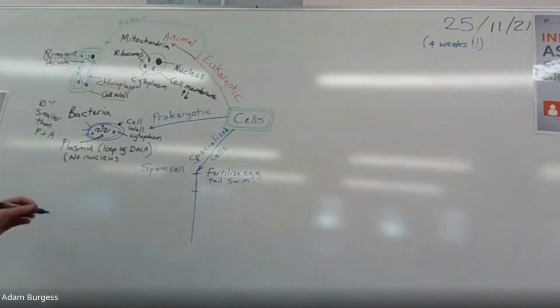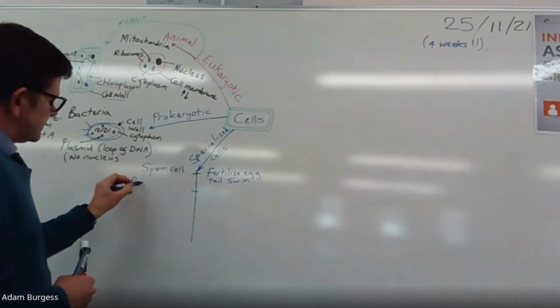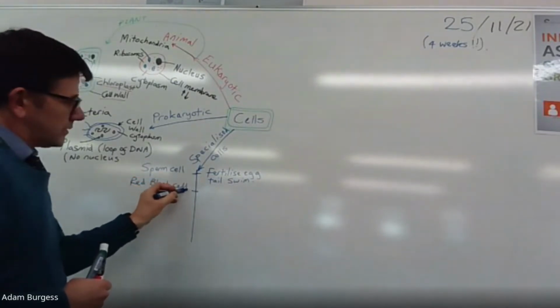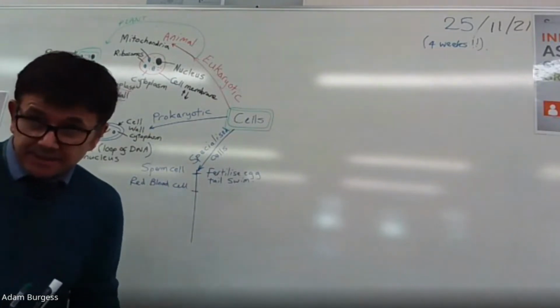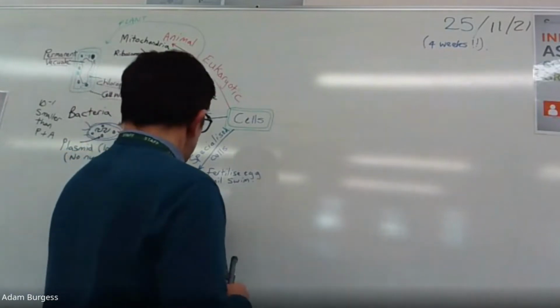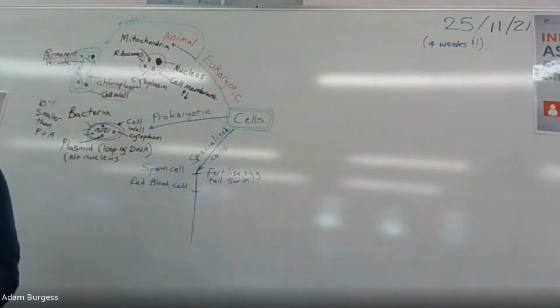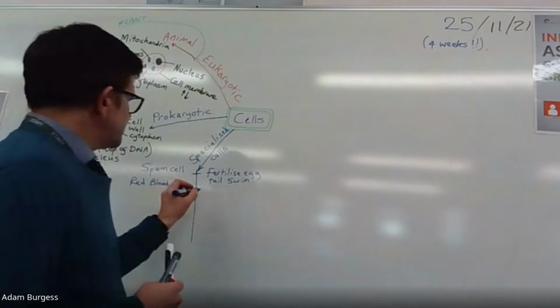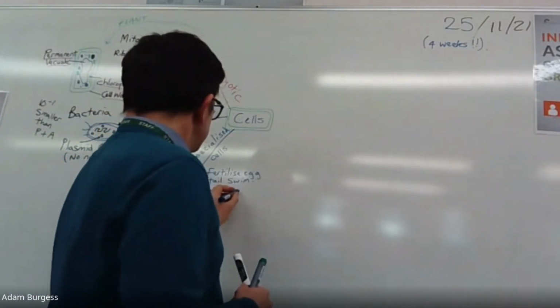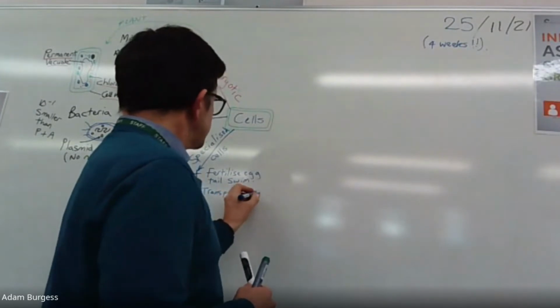Red blood cell. What does a red blood cell do? Does it transport nutrients around the body? No. Red blood cell transports oxygen. Transports oxygen, has no nucleus because it needs to pack in the oxygen.